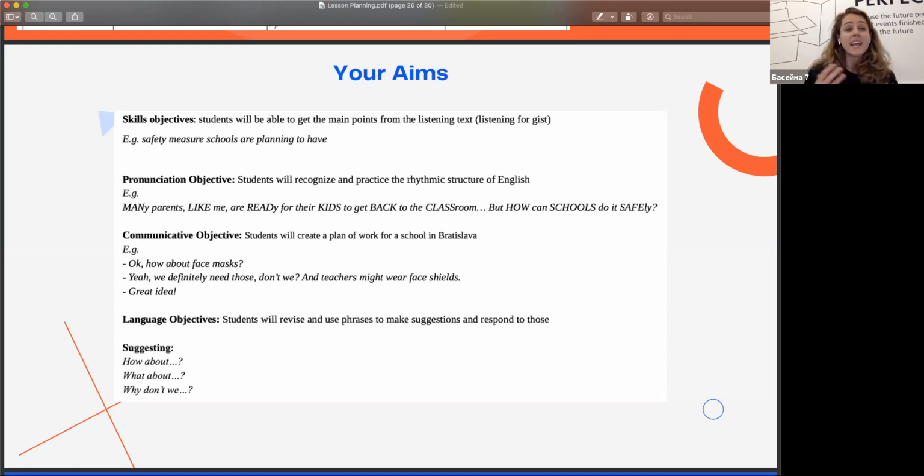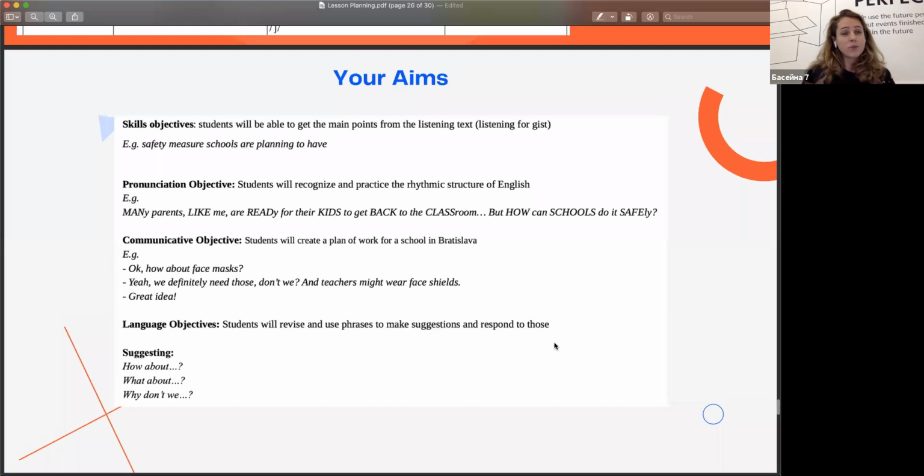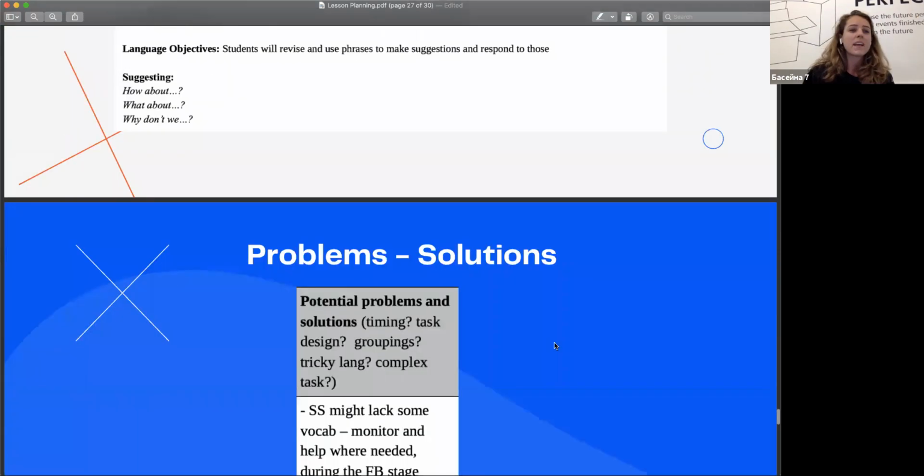That's not the main aim of the class, but it's a sub-aim. But all of them are linked to your communicative objective, to your intended learning outcome. That's why every time before you start creating class activities, start with the aim and sub-aim: what I want my students to achieve. These are your intended learning outcomes.